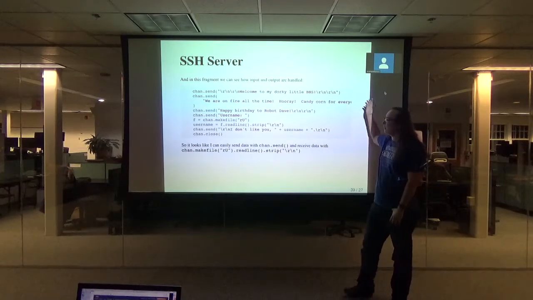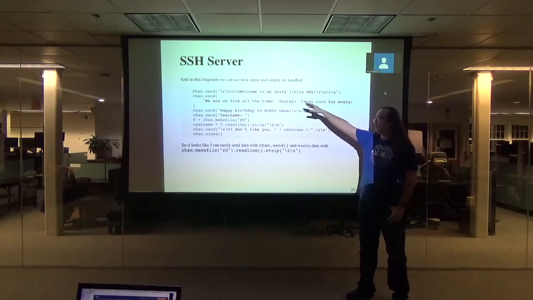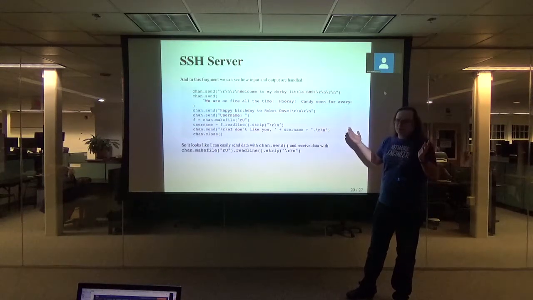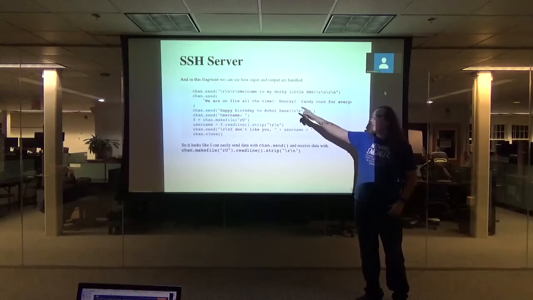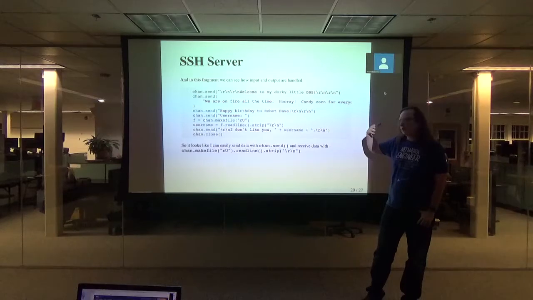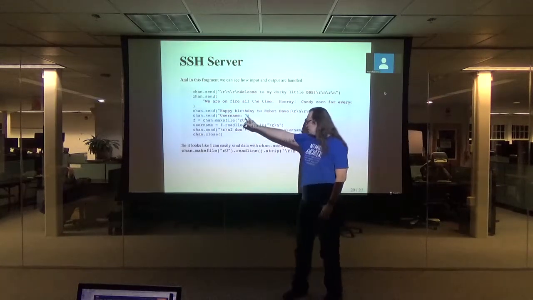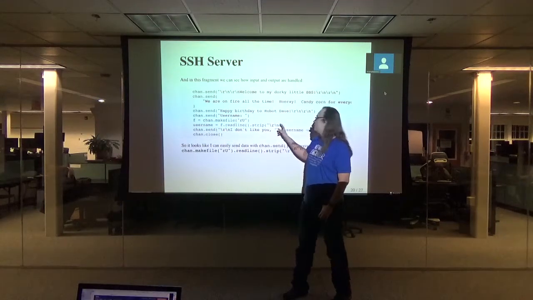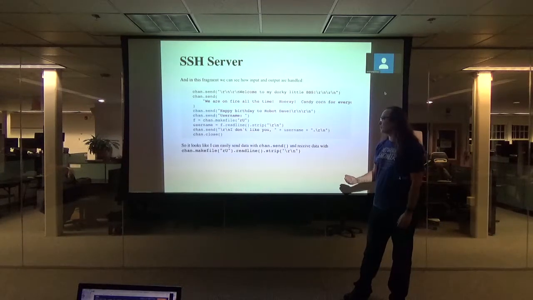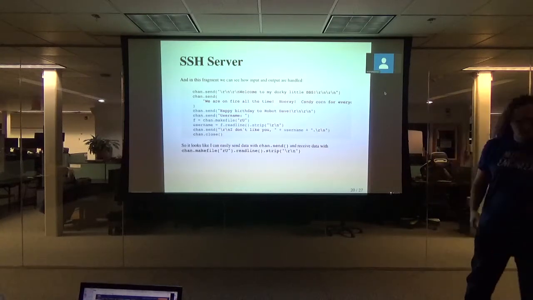And what I noticed from it, that it looks like just to send stuff, that variable chan has a method send, and I don't even care how it's instantiated, to be honest. All I know is that if I do chan.send, it's going to display whatever I send it over to the SSH client. And this particular fragment looks at how we get the input. So that just seems like that's everything I need, to be honest.